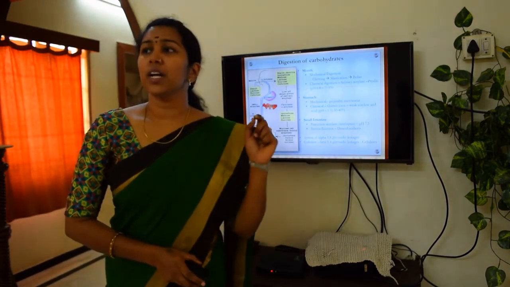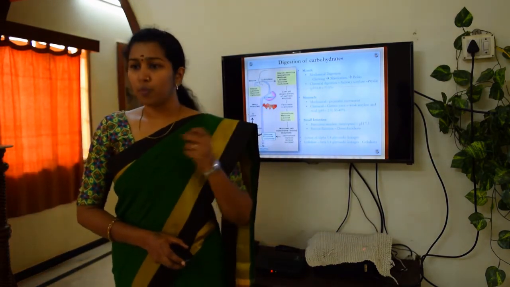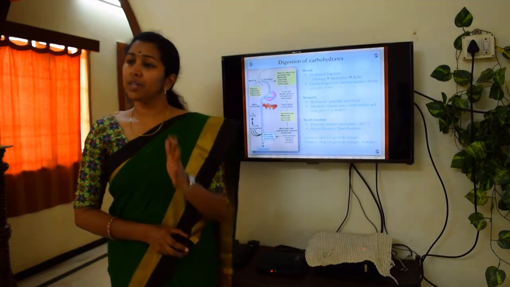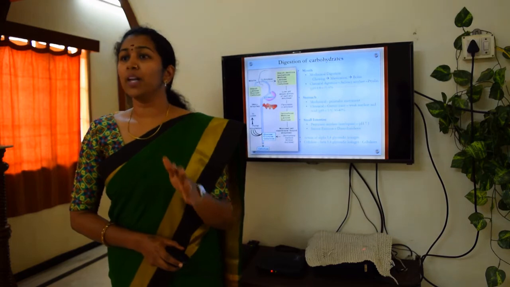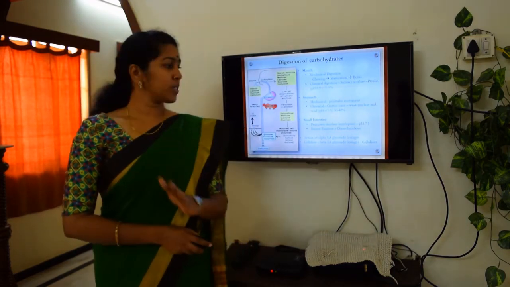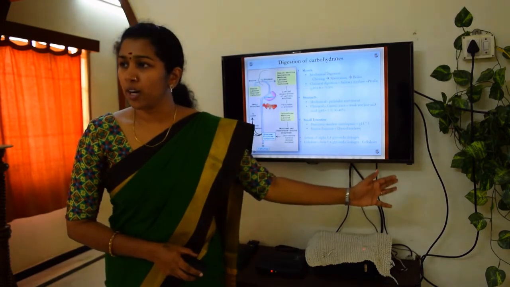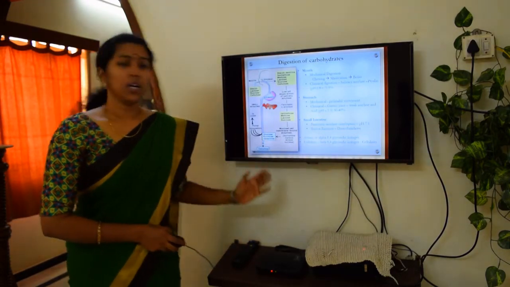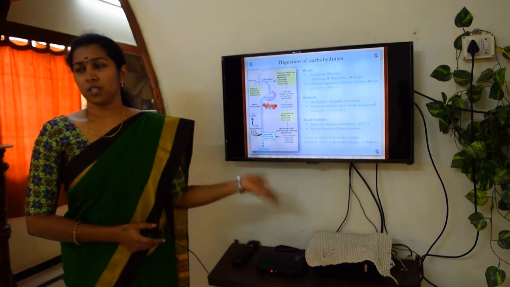Cellulase. So this cellulase cannot be secreted in our body, and hence the cellulose, hemicellulose and lignins remain undigested in the body. Did you get the concept? Because of the absence of the cellulase enzyme in the body, complex carbohydrates cannot be digested, and hence they will be excreted in the system. Okay.